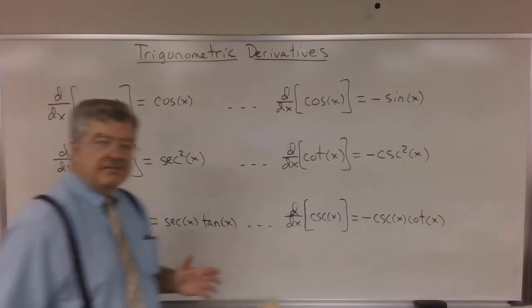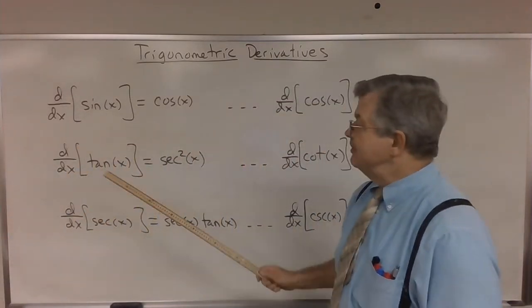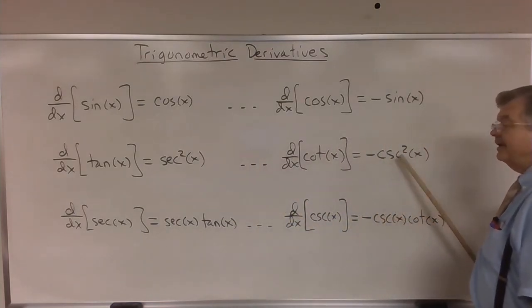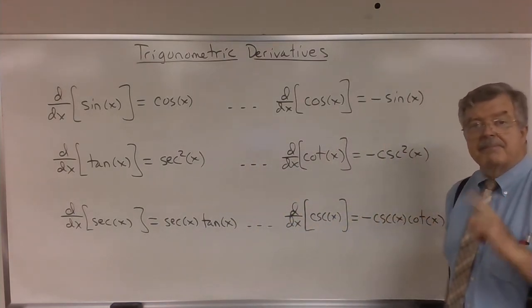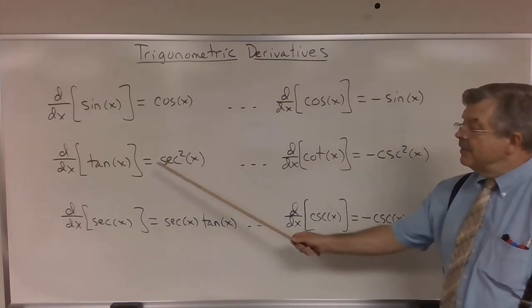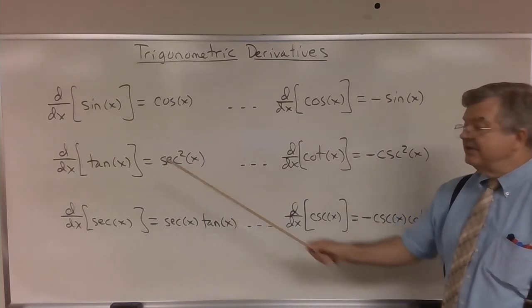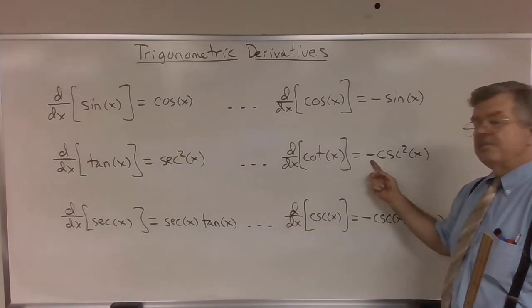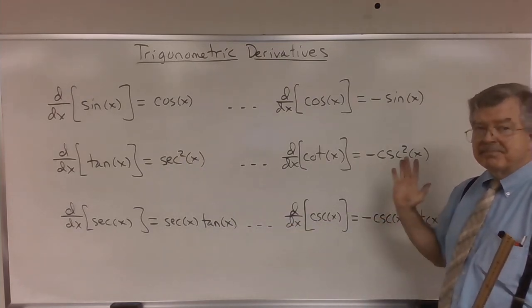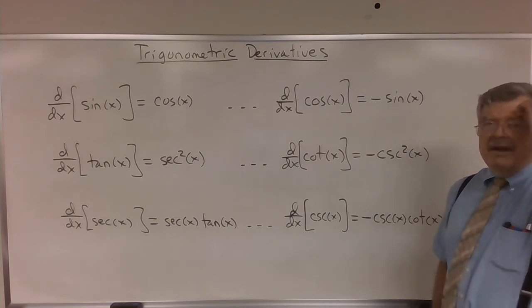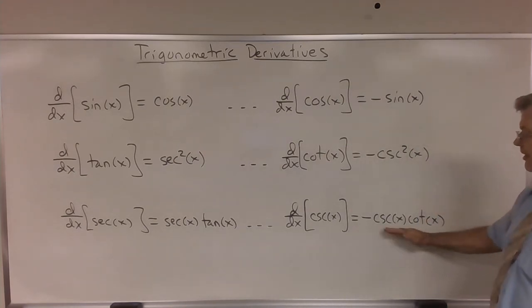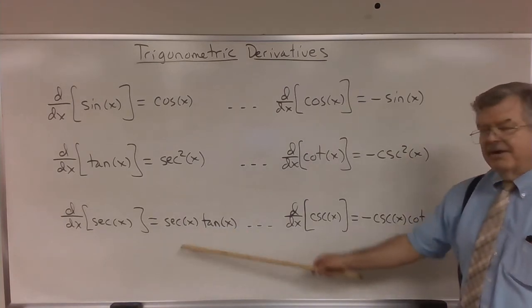That was the first step. The second step, we look at the sign out front and change it. So if it's a positive sign out here, we put a negative sign here. Beautiful.